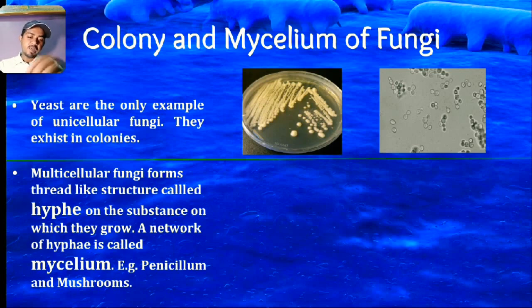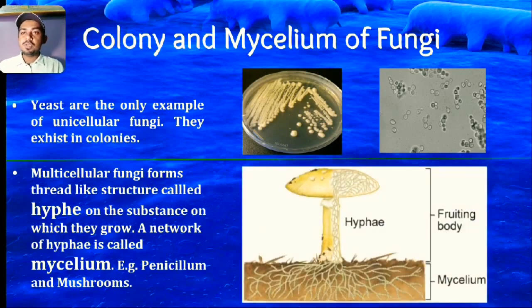When a lot of thread-like structures combine together to form the whole structure, that whole structure is called mycelium, and one thread is called hyphae. To remember: hyphae is a smaller word, so it means a smaller structure, a thread, and mycelium is a bigger word, so mycelium means all combined, the whole structure. Just a trick to remember.